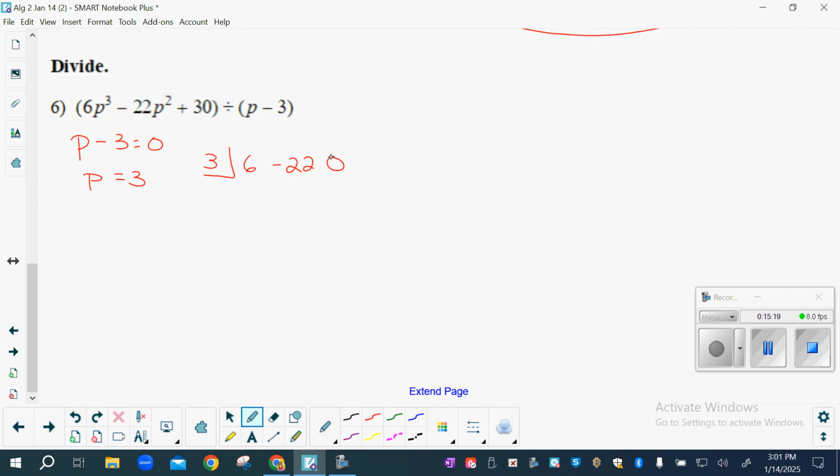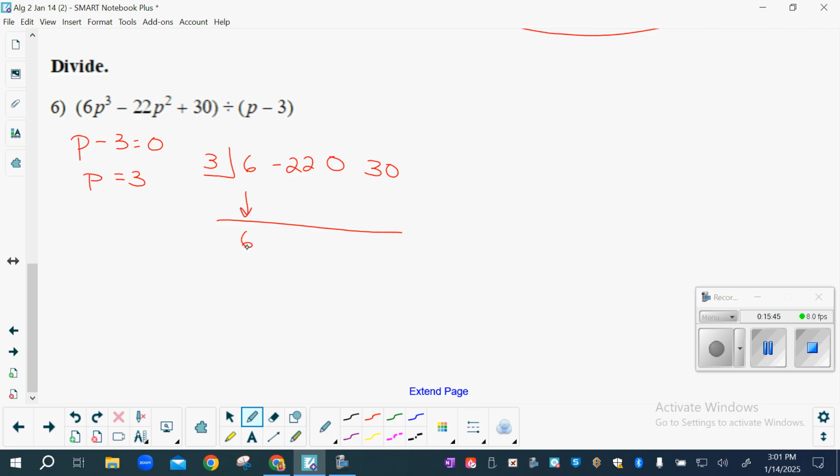Just like that one. And then we put 30. There's no p. So p cubed, p squared, no p's. So I put a 0 there. And then 30. So when you go to do your homework, they're going to be mixed together. So you're going to have to figure out when it has one missing, when to put a 0 there and where.